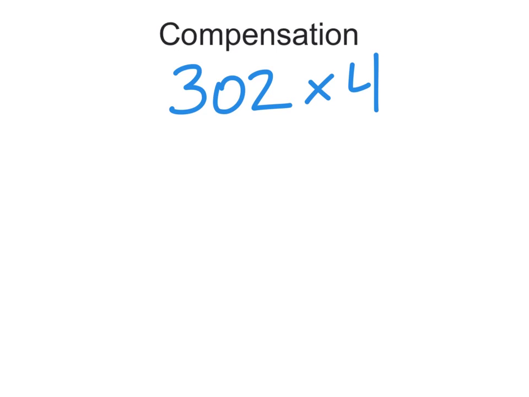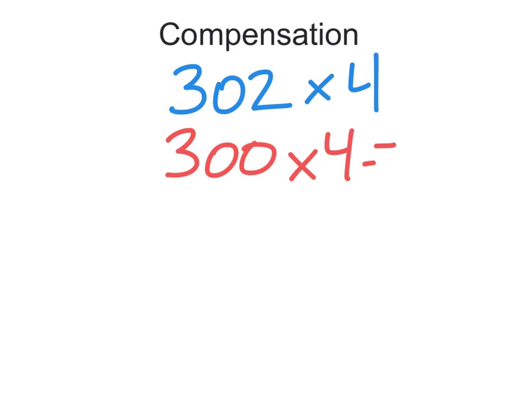Sometimes compensation works when you have a bigger number, like 302 times 4. But you want to change 302 to something that's easy to multiply by with lots of zeros, so let's change it to 300 times 4. And 300 times 4 is 1,200.